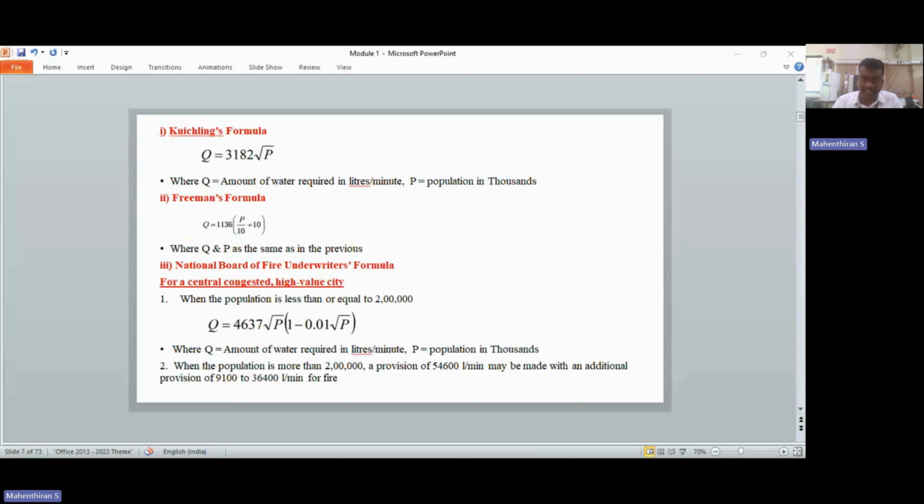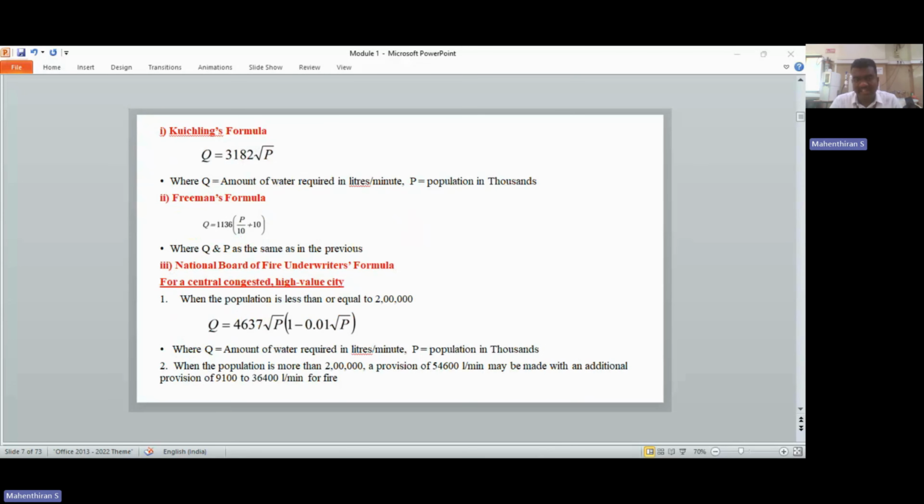For that, the formula is Q equals 4637 square root of P times (1 minus 0.01 square root of P), where Q is the fire demand in liters per minute, and P is the population in thousands. Now, this formula is slightly more complex.